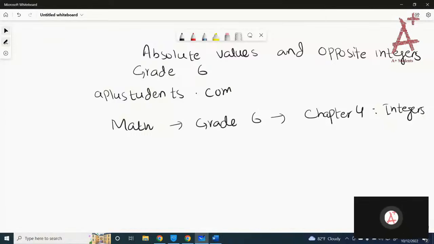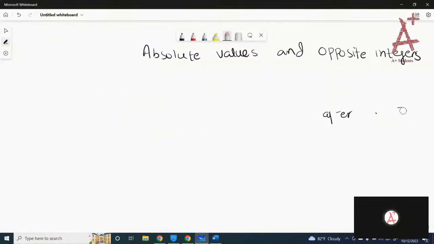So first we are going to start with the definitions. Please make sure you have your notebook and pencil so that you can note down the important points and definitions as well. Got it? Okay. So let's start with absolute values and opposite integers.